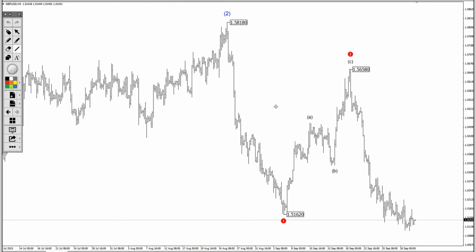The trend here, the larger trend, is down. We can make out a 5-wave structure. Actually, let's draw from the low 151.62.